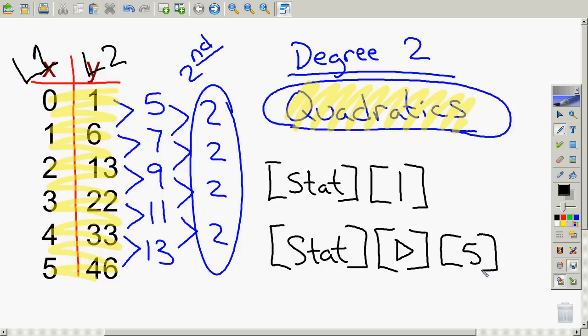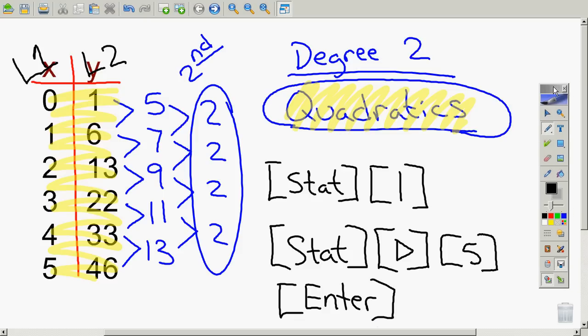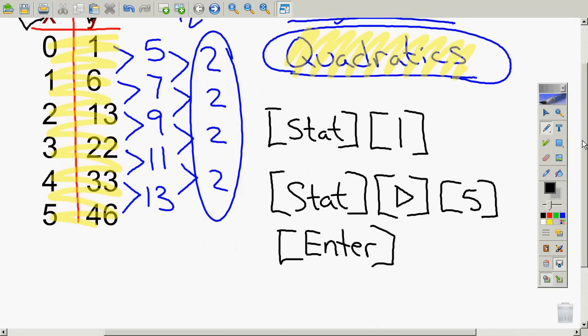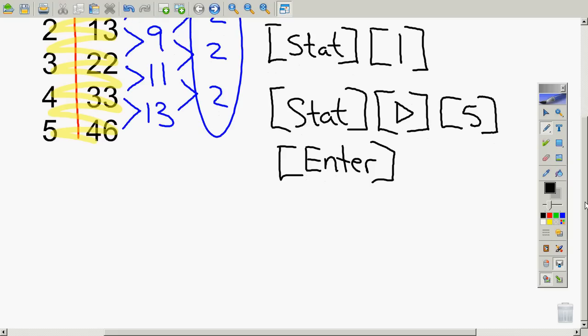So now you're going to press number 5. And now on your calculator, it will say quadratic regression. Now you need to hit the enter button. As soon as you've done that, on your screen, you should see this.